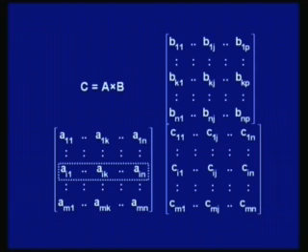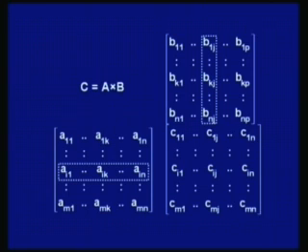The product matrix C is actually obtained by multiplying the ith row of the first matrix by the jth column of the second matrix. This multiplication is element-wise: ai1 multiplied by b1j, ai2 multiplied by b2j, aik multiplied by bkj, ain multiplied by bnj.